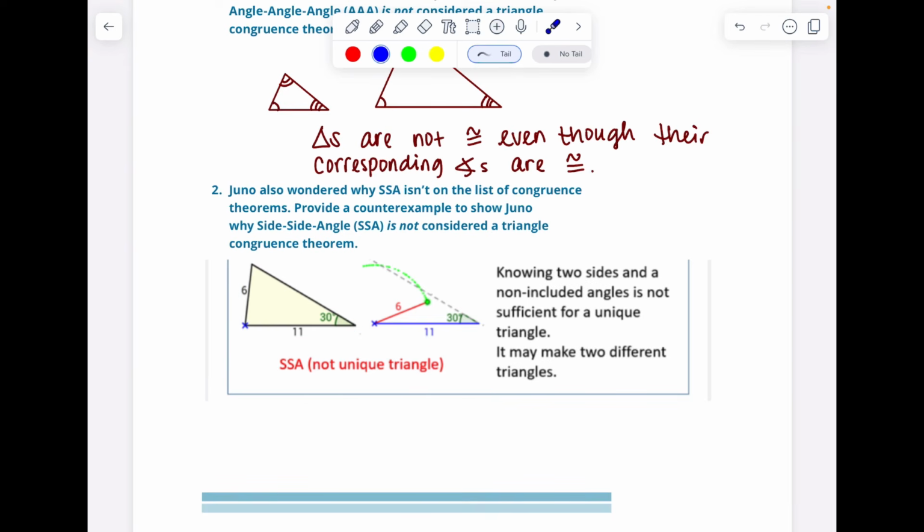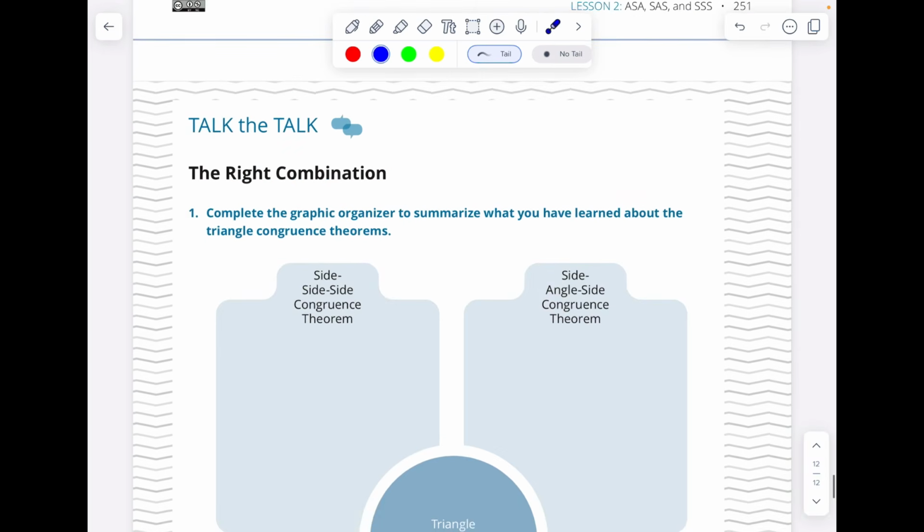And then you can have a triangle like this, or you could have the original triangle. As you can see, the side with the length of 6 could attach here, or it could attach here, and it would still fit the qualifications of side side angle. So there you go.